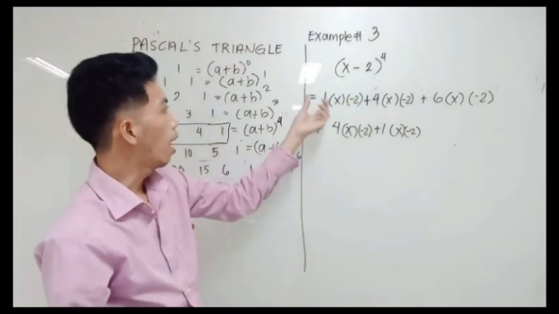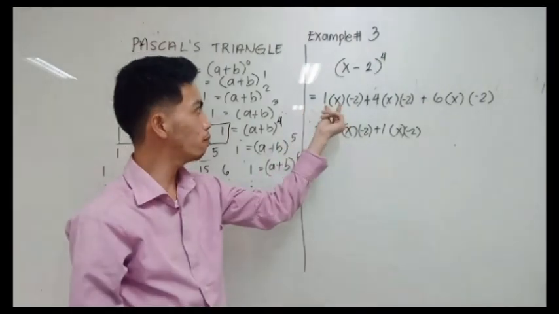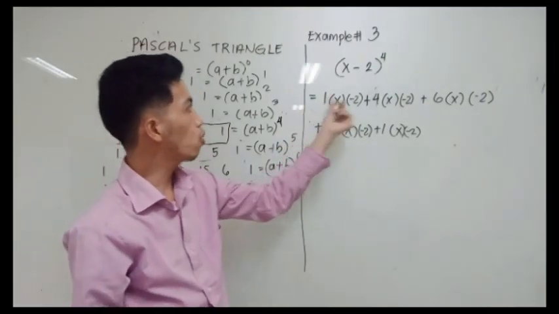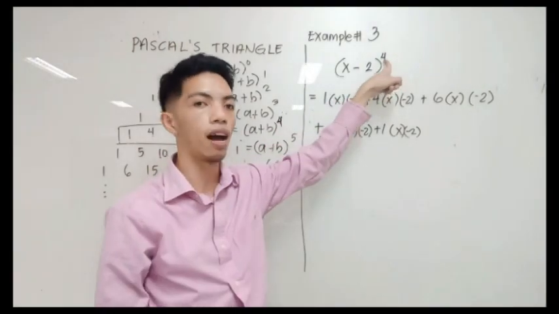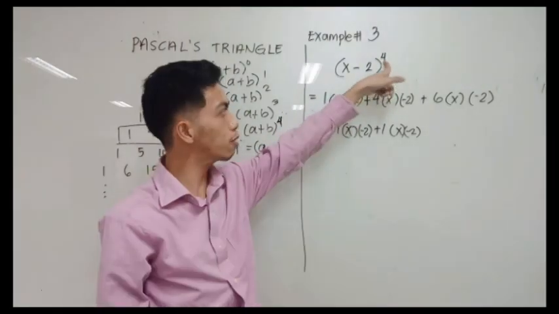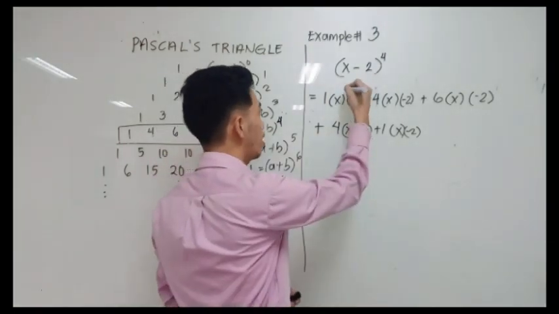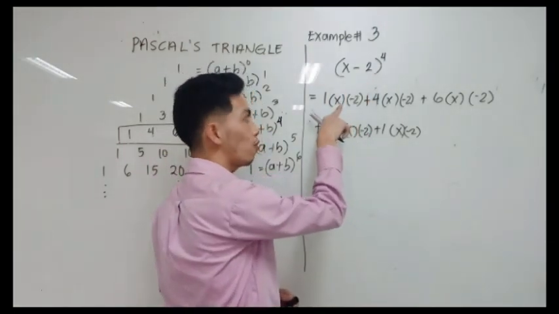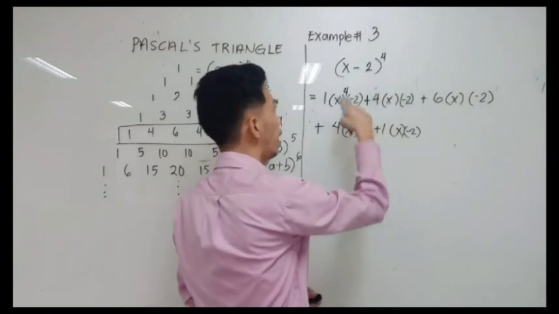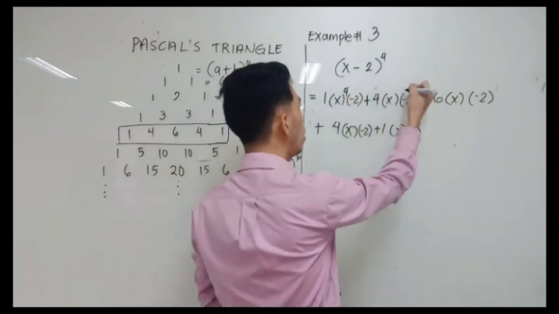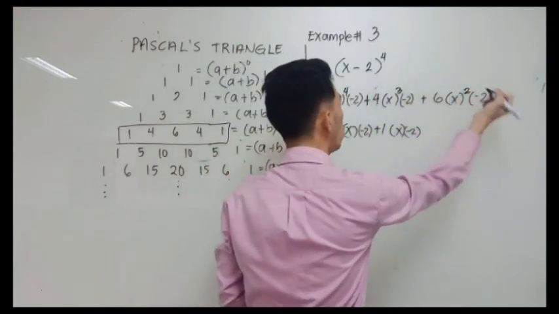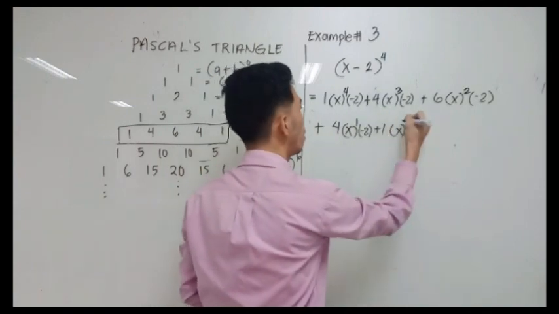Okay, again, kapag first term, ang exponent niya ay kung ano exponent doon and then pababa. So, since ang pinakamataas na exponent ay 4, we are going to write this. The exponent of the first term will be 4, and then 4 pababa, 4, 3, 2, 1, 0.